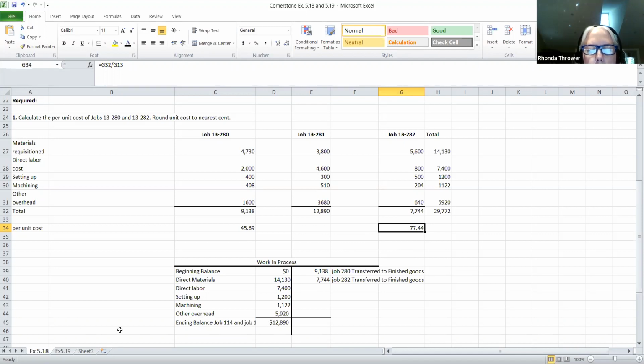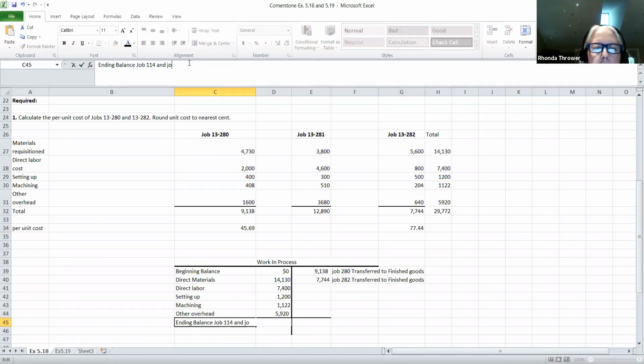So I'm thinking that part 2 was asking you to determine the balance in the work in process account, and to do that you would add up all your debits, subtract your credits, and what you're left with is 12,890. And I see I have a mistake here. So let me pull this out of here.